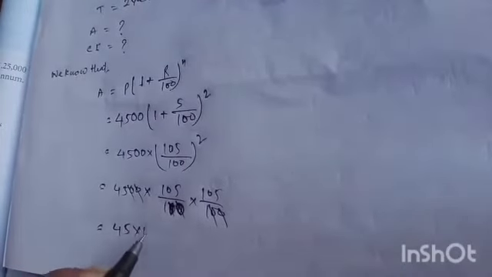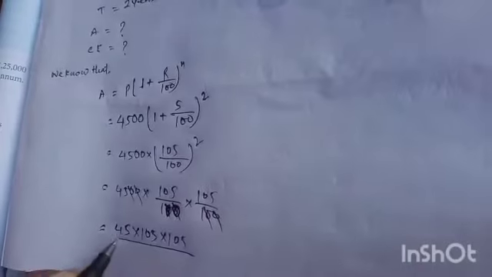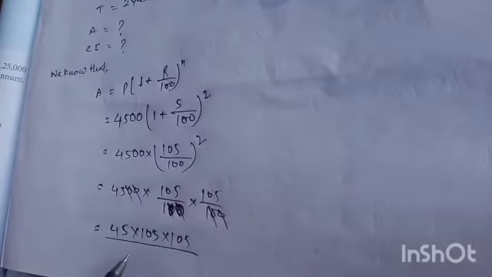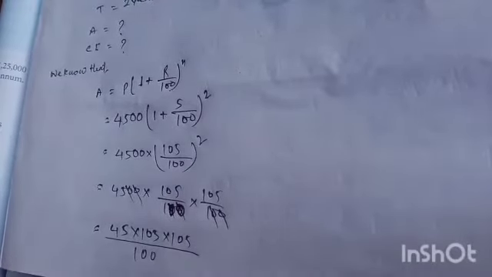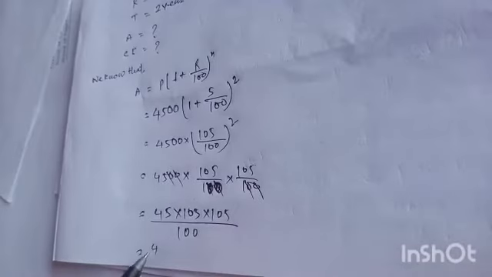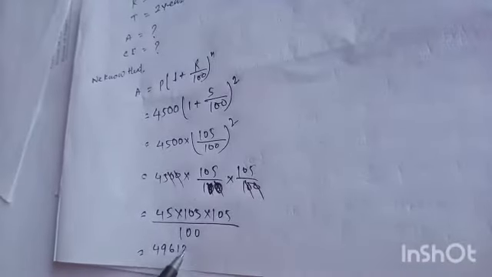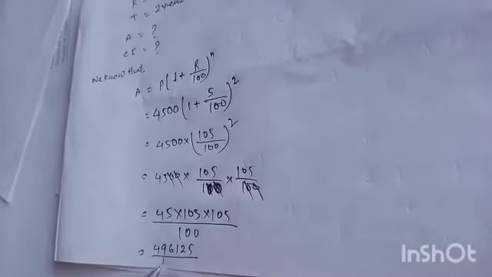45 into 105 into 105 divided by this 100. This 100 is remaining here. So multiply it now. How much will you be getting here? 4,96,125 by 100.